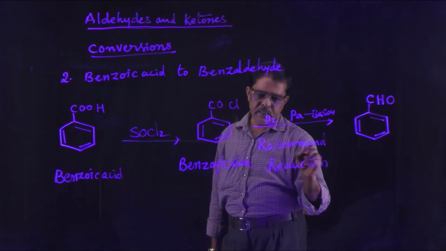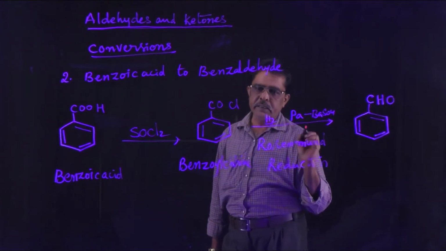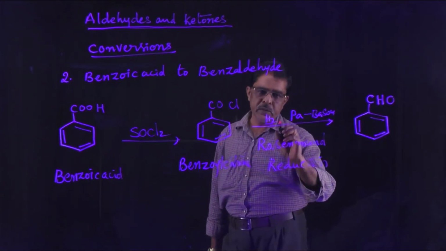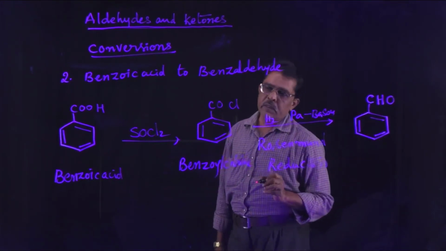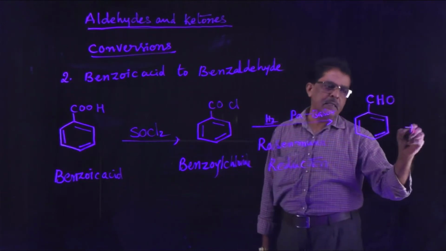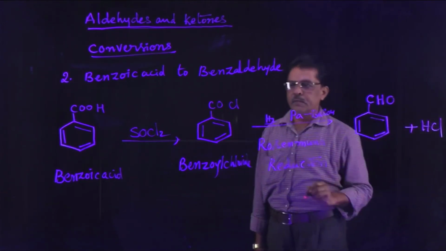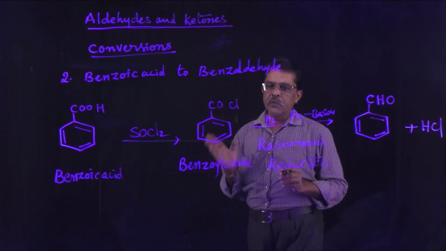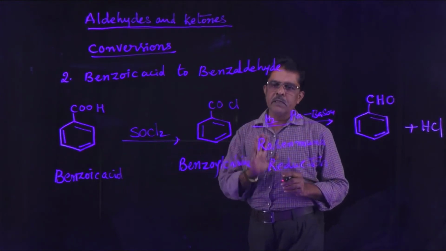This reaction is called what? Rosenmund reduction reaction, right? So benzoyl chloride is reduced with hydrogen, gives what? Benzaldehyde, plus HCl is also formed. Okay, this is the conversion of benzoic acid to benzaldehyde.